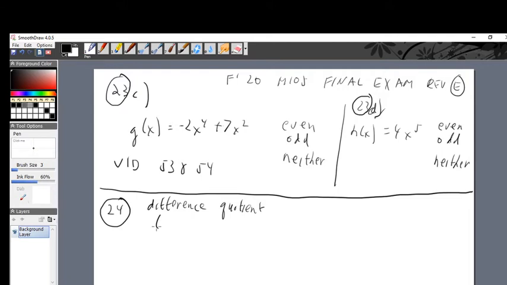So here it is. You don't have to memorize this, obviously. Minus f of x over h. Okay, very good. Now here's the function f of x. They want the difference quotient done for this function. F of x is equal to 2x squared minus 8.